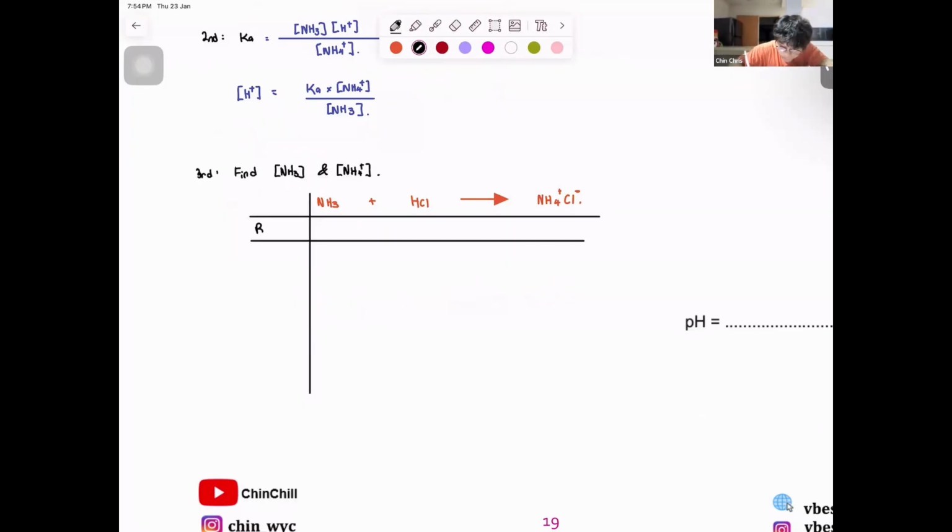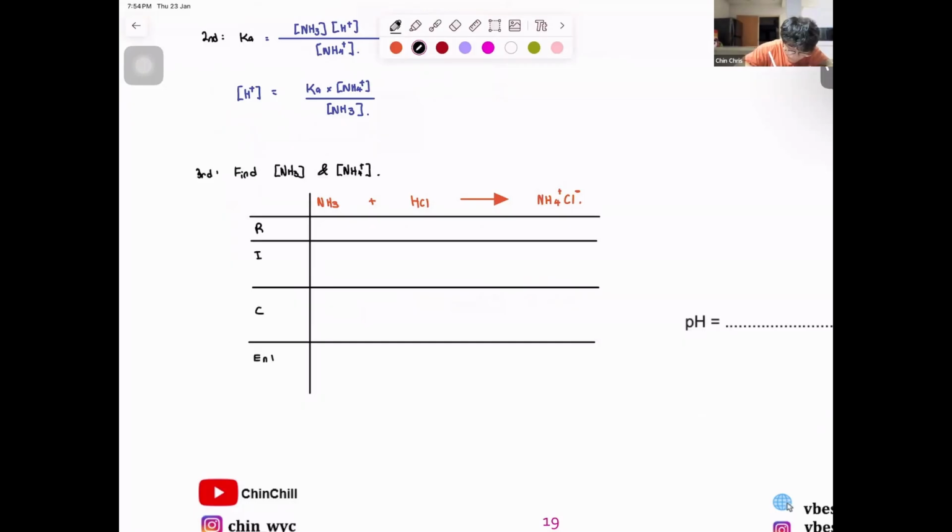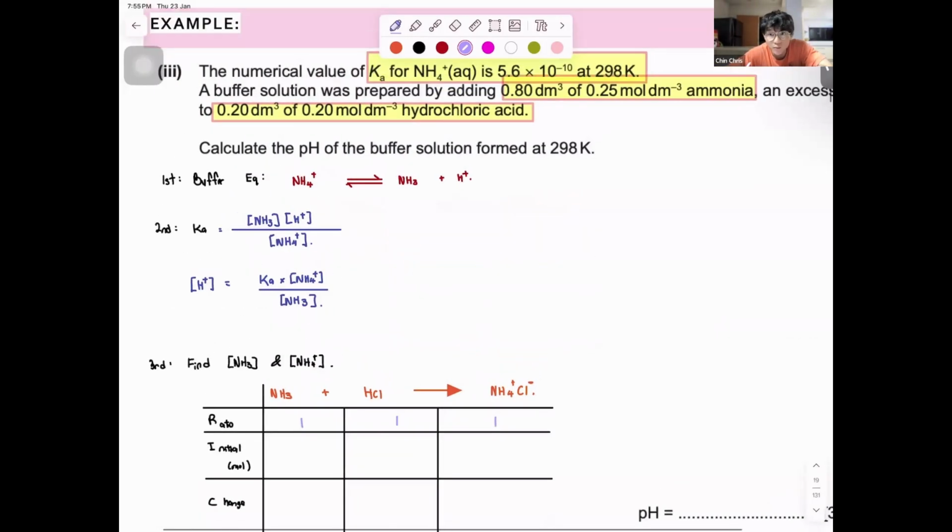Ratio, initial mole, change, and... Go do it now. So guys, you see, what's the ratio? 1, 1, 1. What is your initial mole, guys?